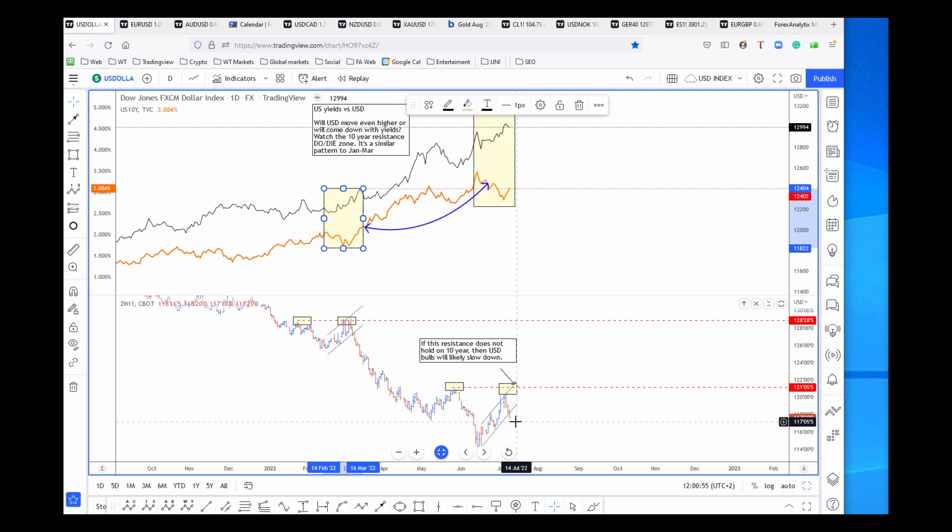However, I still think that on a big picture, on a higher degree scale, the US dollar is moving into some serious resistance levels around the 109, 110 level. So I think that this current drop on the 10-year US notes can be the final leg of the higher degree trends.